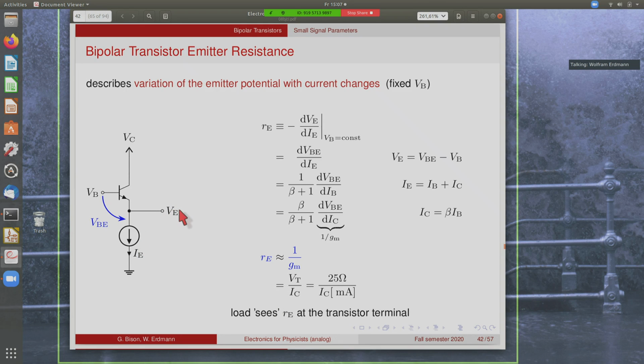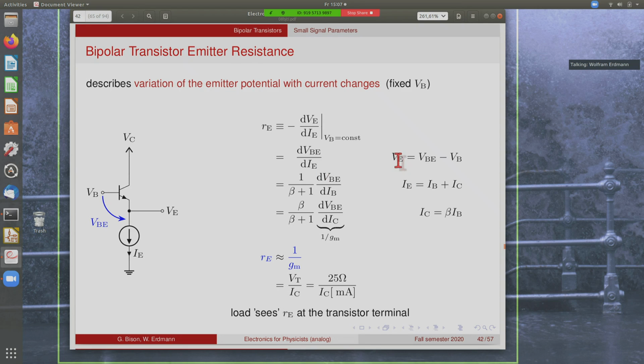So the question is, how does my emitter voltage change? So we have the derivative of the emitter potential with respect to the emitter current at constant voltage, and for this circuit here, and then for the transistor, this is just the derivative of the VBE by the emitter current.